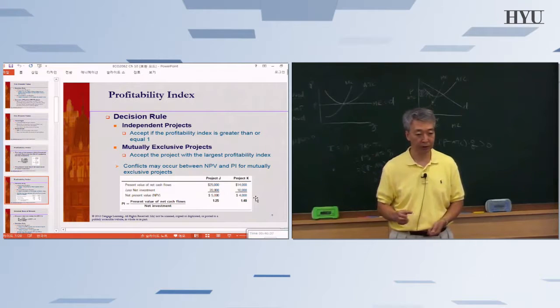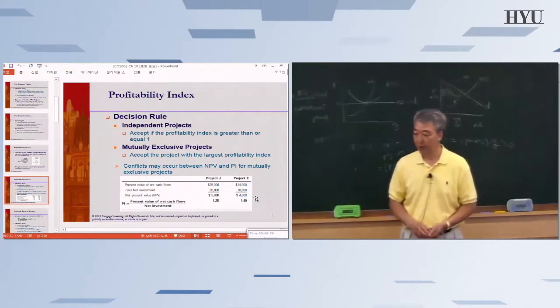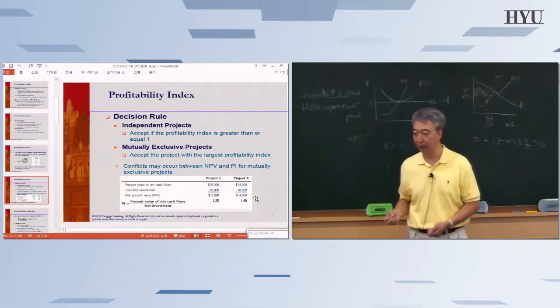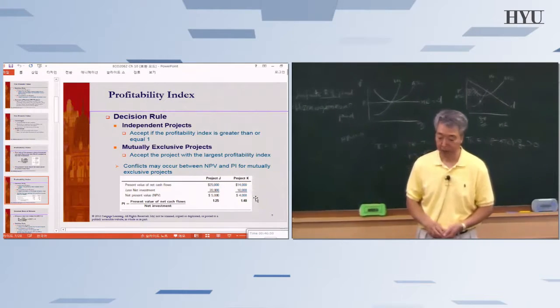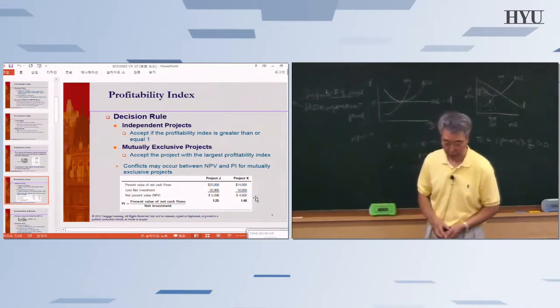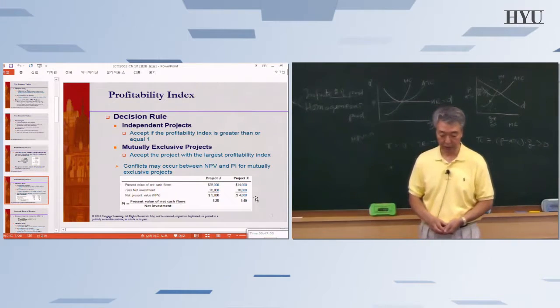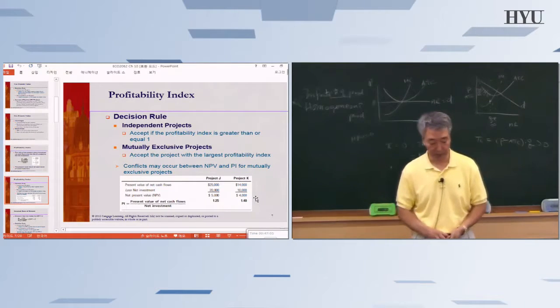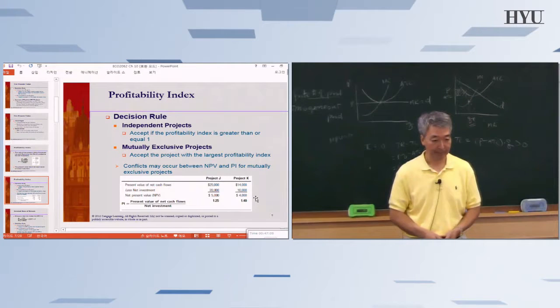So if you really count, when I spend $1 right now, how much return do I get immediately, then Profitability Index is the way you should go. Does it make sense? Because right now, if you invest $1 in project K, you get $1.40 back, but project J gives only $1.25. Lydia, does it make sense?